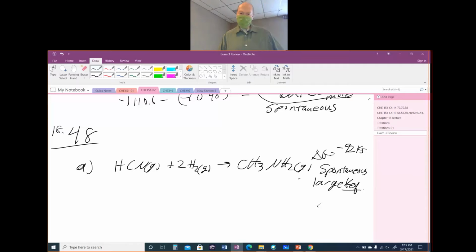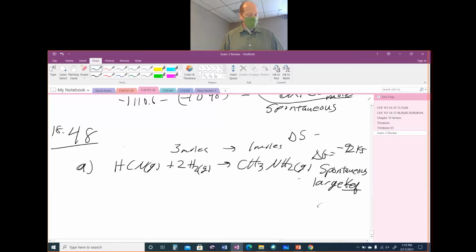All right, so here we have 3 moles of gas going to 1 mole of gas, so we're going to less disorder, and we can predict the sign of delta S to be negative. All right, so it's spontaneous. You're going to have a large KEQ. That means a lot of products.